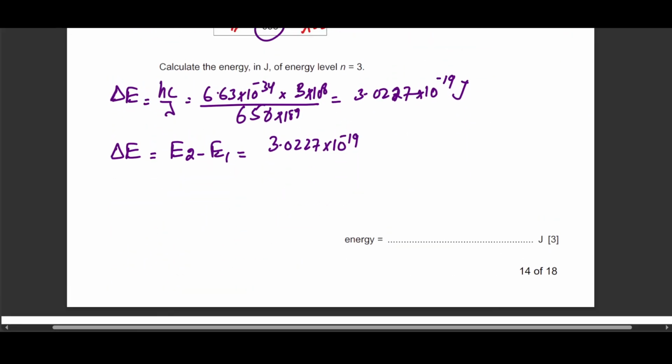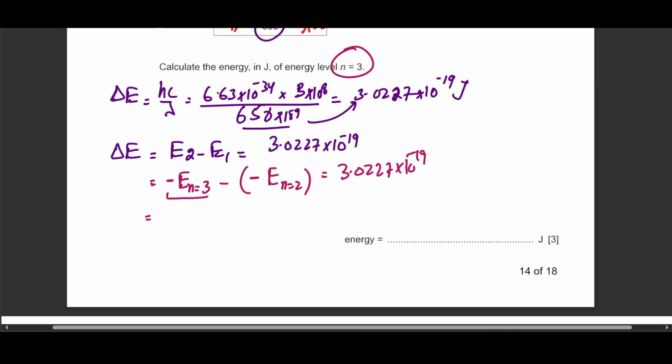So that wavelength gave us a change in energy, and only this energy change can produce a specific wavelength. So today we have the energy at level 2, which would be negative. So negative energy at level 3 minus negative energy at level 2 equals the change that took place, 3.0227 into 10 raised to the power minus 19. All right. Okay. So since we want to find N3, this stays over here.